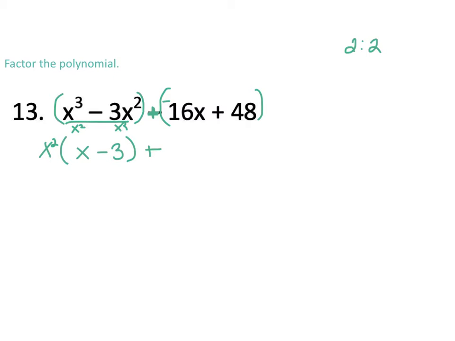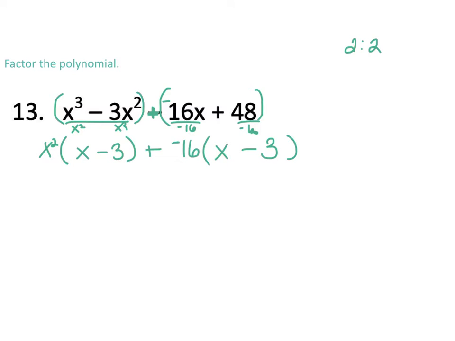I'm going to bring down my plus, and I'm going to look at my second binomial. I have a negative 16 and a 48. So my leading coefficient's negative. Hate when that happens. So I'm going to factor out a negative value. And I believe 16 goes into both 16 and 48. So I'm going to divide both here by negative 16, which gives me positive x minus 3.